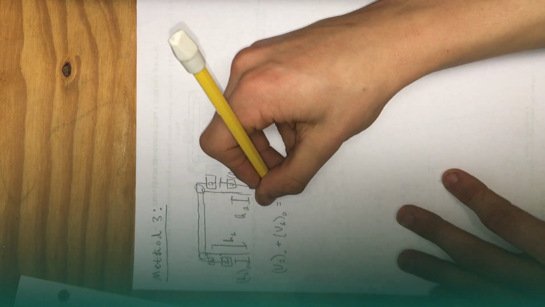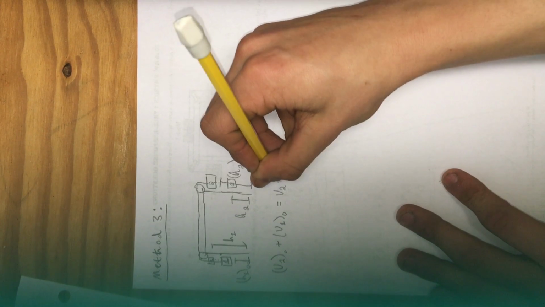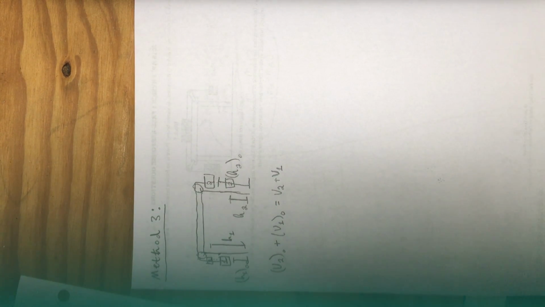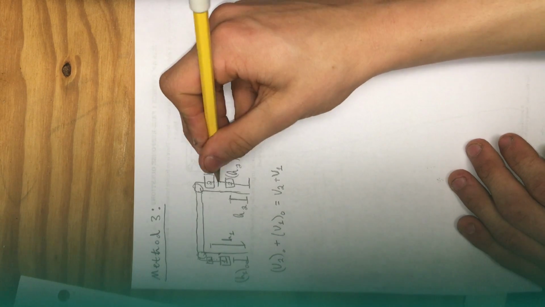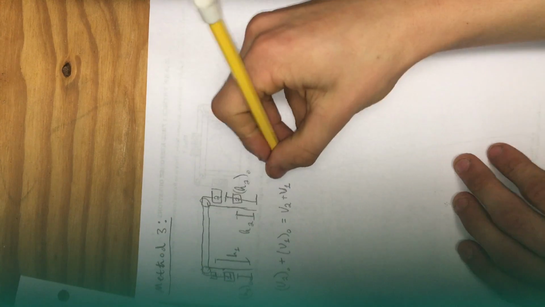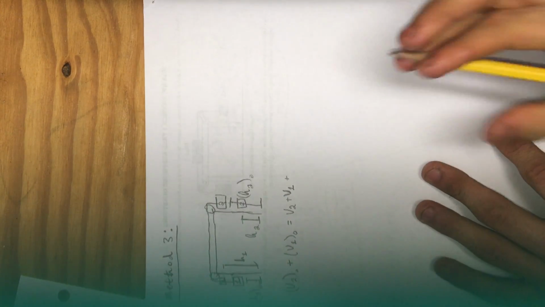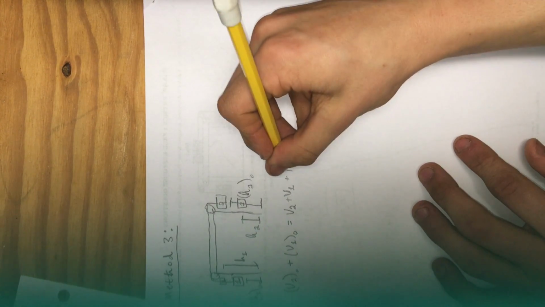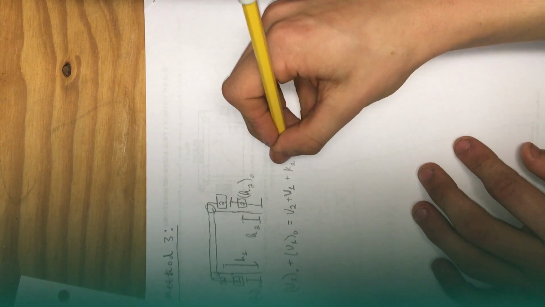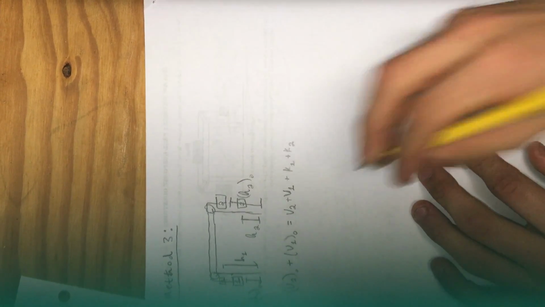So we know that this is going to equal u2 plus u1, where u2 and u1 are the potential energies where we would like to analyze the motion. Like, for example, after it's gone down this far, it still has gravitational potential energy, but it also has kinetic energy. So we have K1 plus K2 as well on this side.